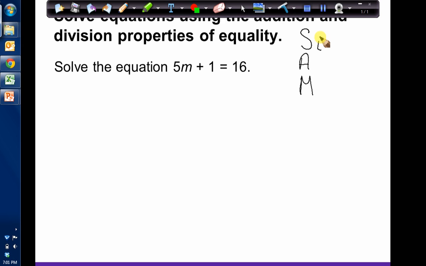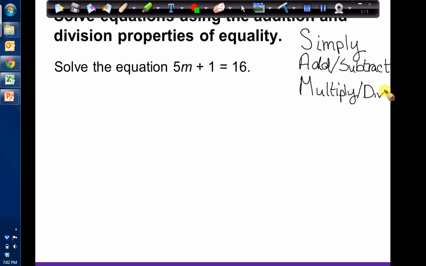S stands for simplify, and the first step is to simplify each side of the equal sign separately as much as possible. The second step is the add subtract step, where we use the addition property of equality. And the third step is the multiply divide step, where we use the multiplication property of equality.